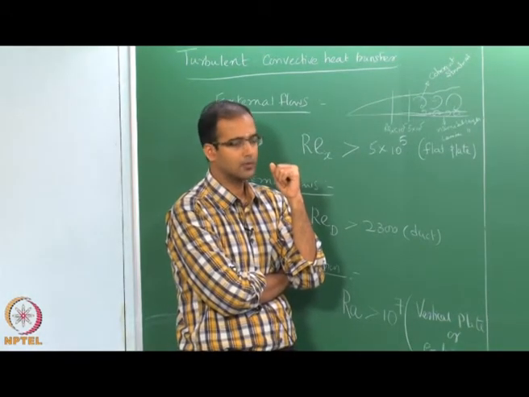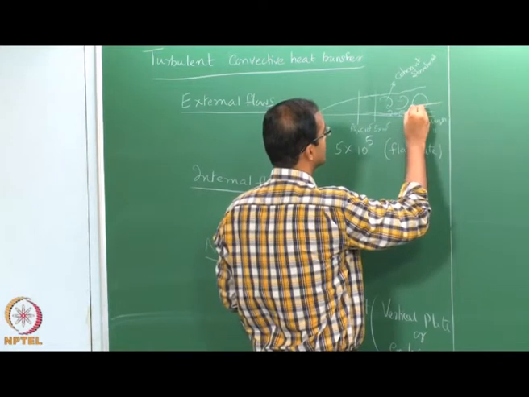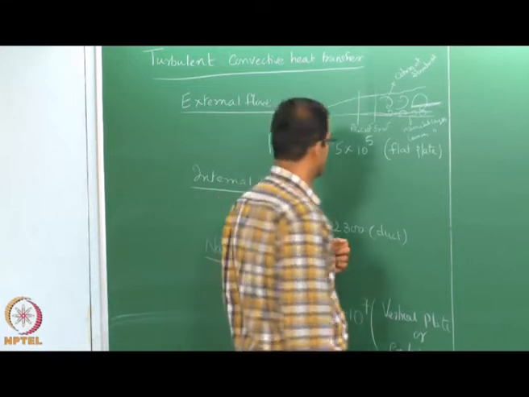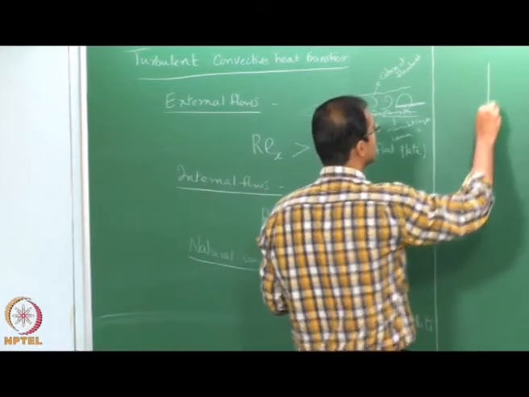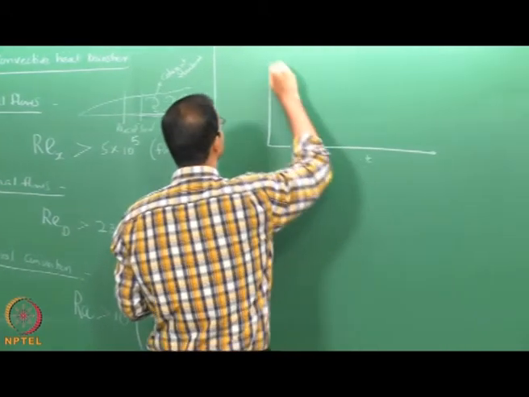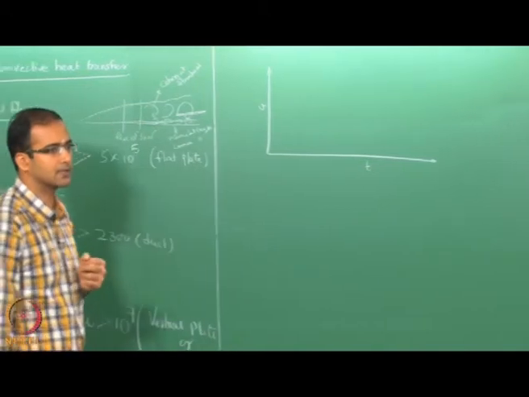So, if you put a probe, for example, let us say a hot wire probe, and try to measure the velocity at a point here, how do you see the variation with respect to time? Okay, so let us plot velocity versus time.